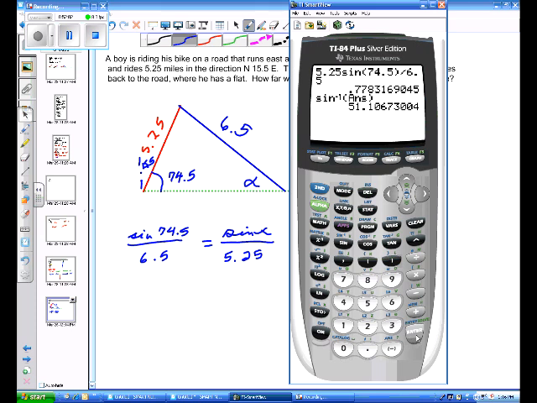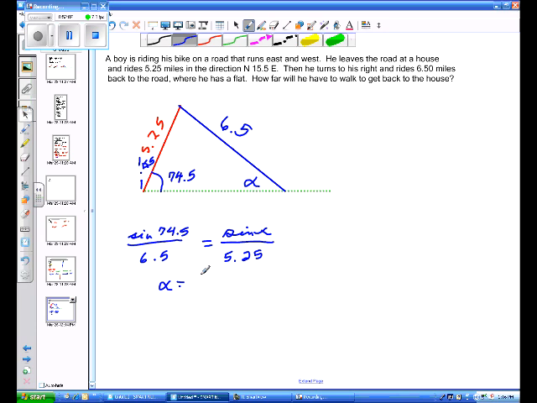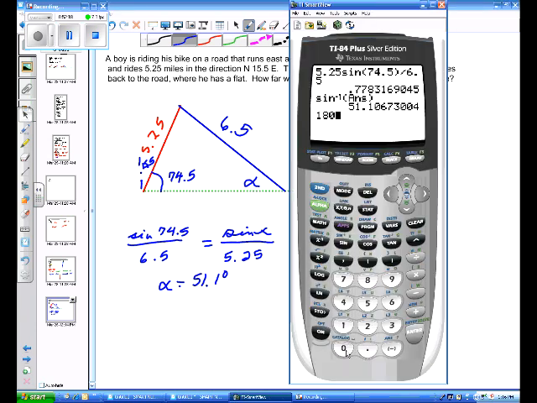So that gives me an angle of 51.1 degrees. So alpha would be 51.1 degrees if it's in the first quadrant. But alpha could have been in the second quadrant, so 51.1 could be my reference angle. So I'll subtract, so it could also have been 128.9.